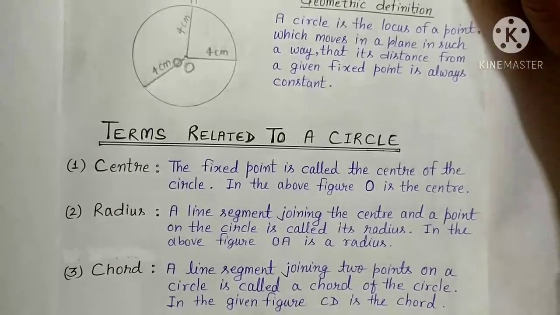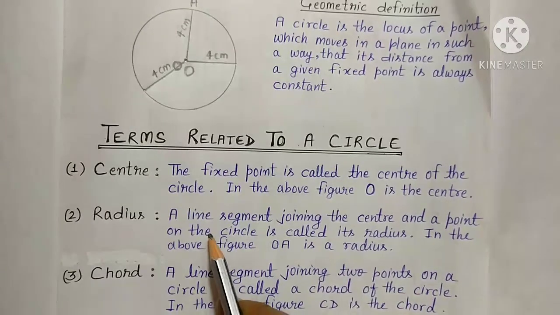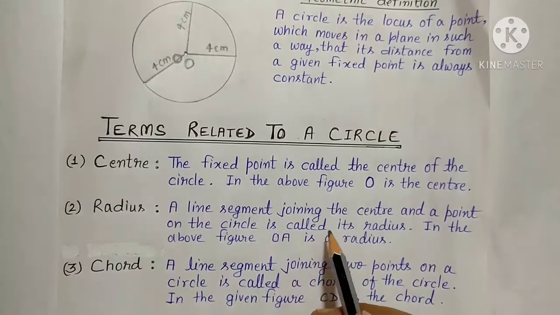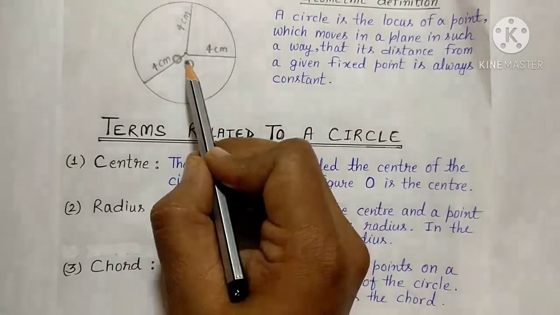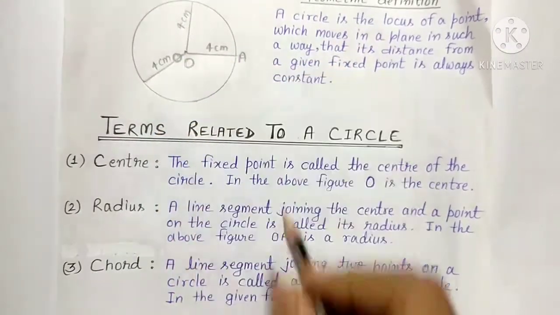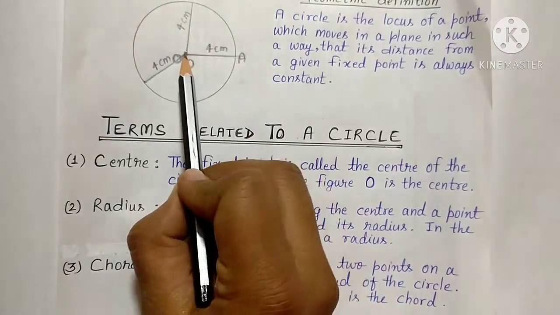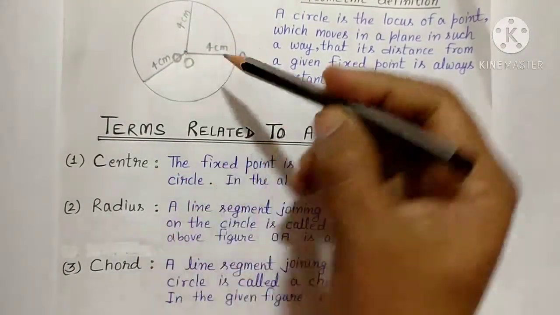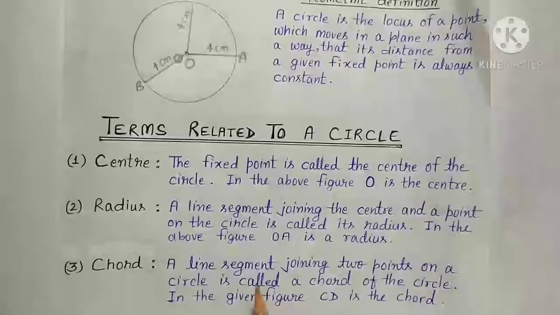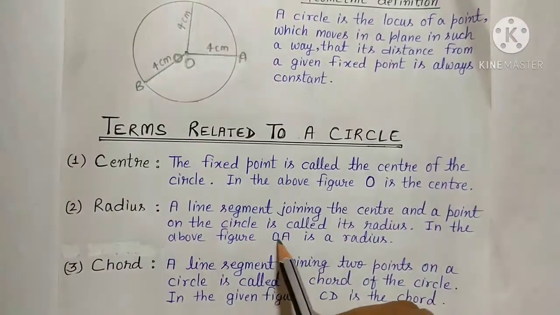Now what is a radius? A line segment joining the center and a point on the circle is called its radius.